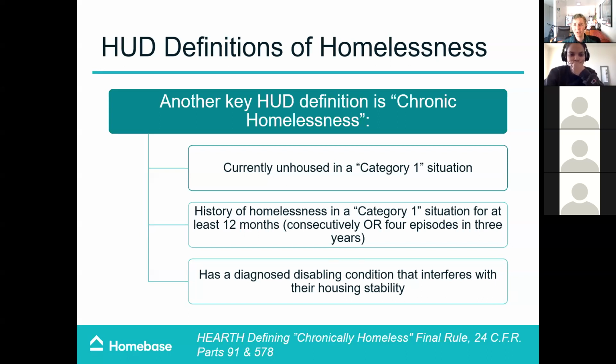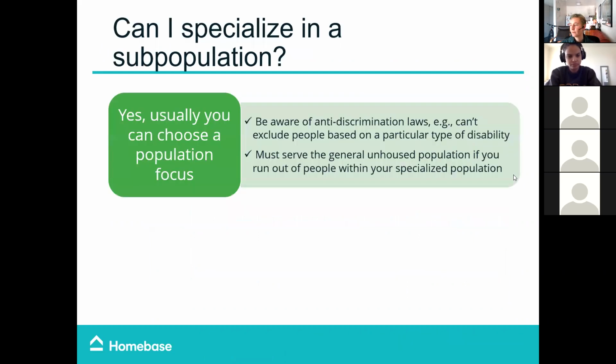I'm not going to go into that definition here, but the complexity of this is why we provide trainings on eligibility documentation. As I said, we do have a training that's recorded on the different eligibility criteria and how to document it. That is really, really key for anybody who's going to be operating or working as a staff person in a COC funded project, is to have that training. Okay.